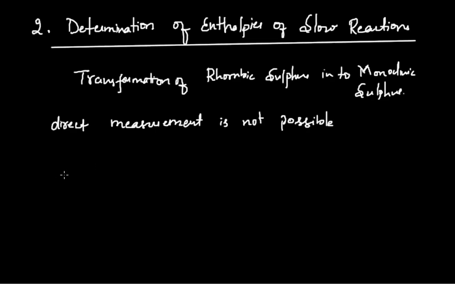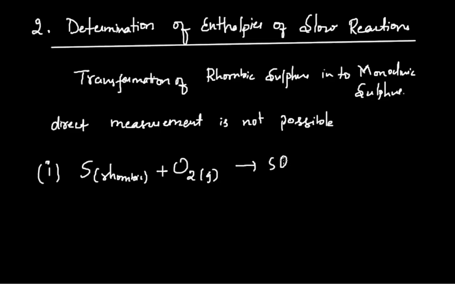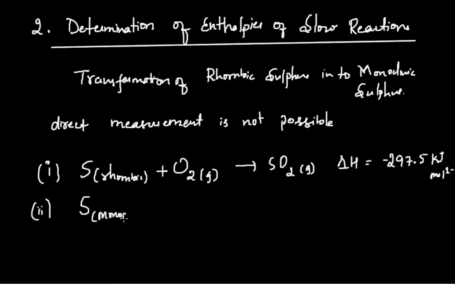So we know the combustion of rhombic sulfur, and this delta H value is minus 297.5 kilojoules per mole, and we also know the combustion of monoclinic sulfur.